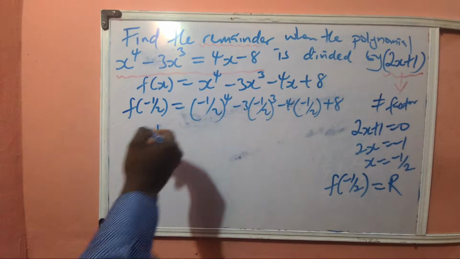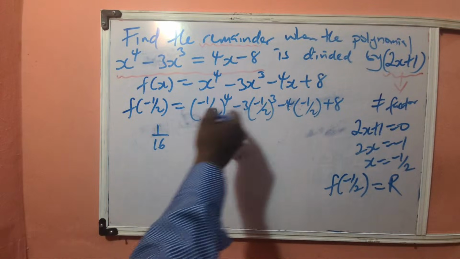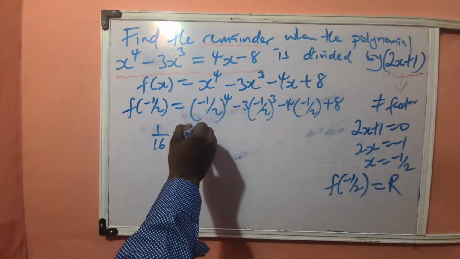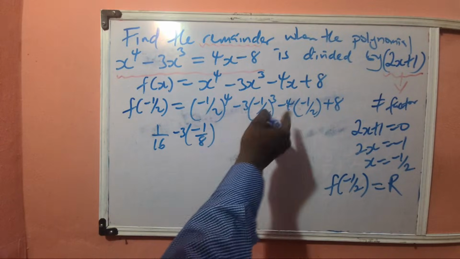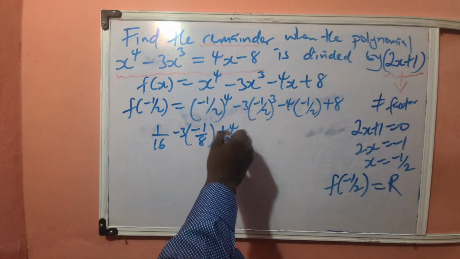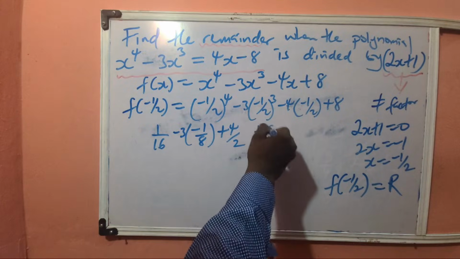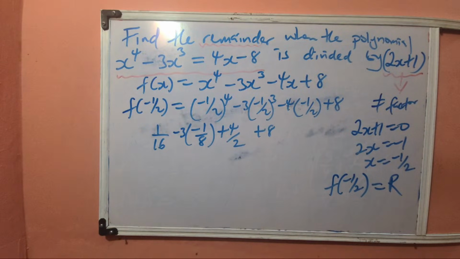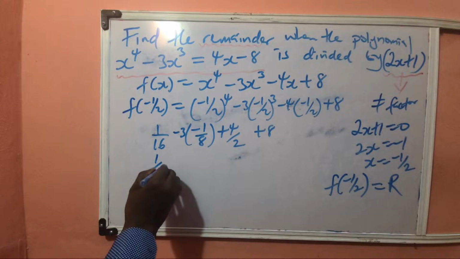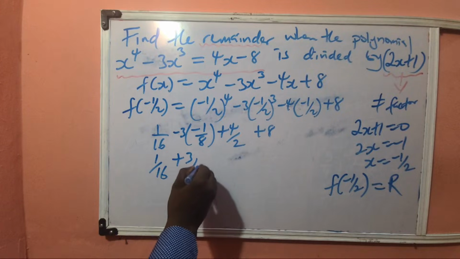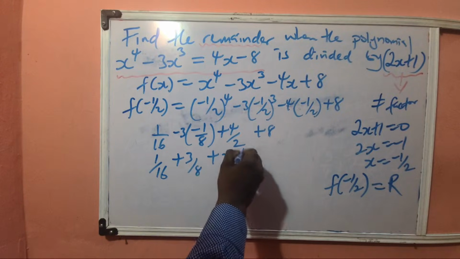This will give me minus 3 times minus 1 over 8. This will be plus 4 over 2 plus 8. Of course, you know that 4 over 2 will give me the value of 2. And this will be 1 over 16 plus 3 over 8 plus 2 plus 8.